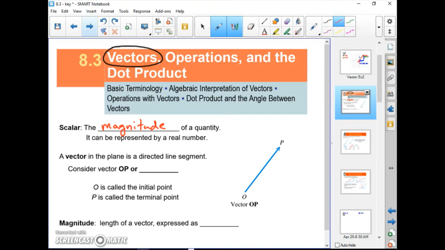So we can write it as bold OP like this, here's O and here's P. Or you remember we wrote it like that in geometry, that meant a ray. When we're talking about vectors, keep in mind the magnitude. O is the initial point, P is the terminal point. And then the magnitude, or the length of the vector, is expressed in absolute value bars. So we read that as the magnitude of vector OP.